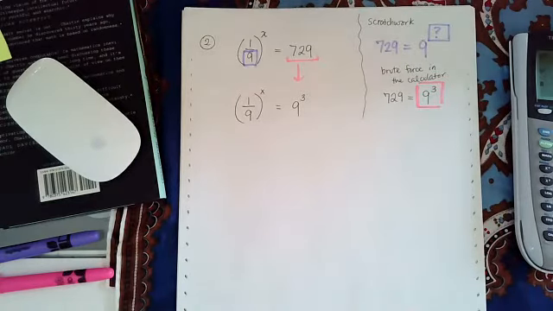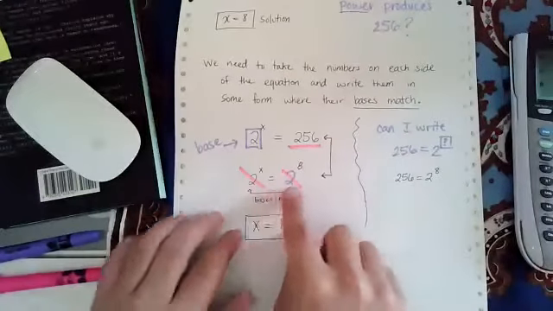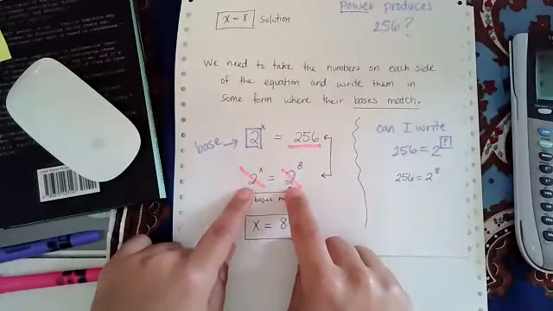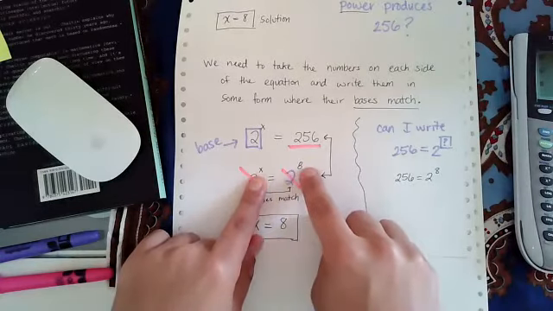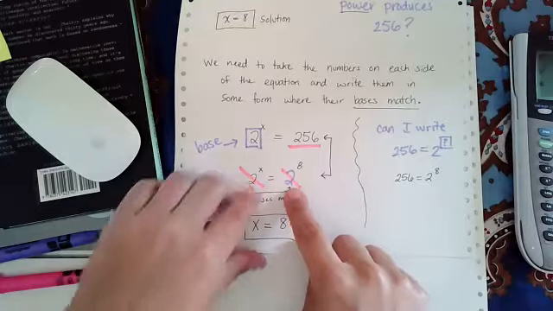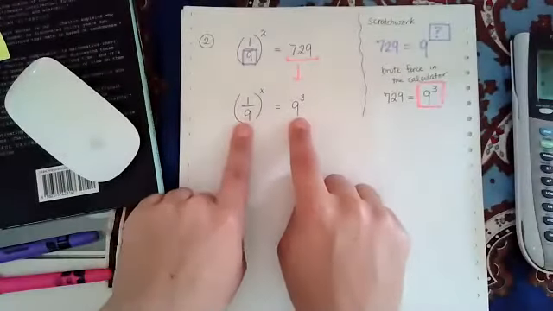Okay. Well, on the last problem that we had, we wanted to match the bases exactly, where we had 2 to the x is equal to 2 to the 8. But the bases matched exactly. On this problem, the bases don't match exactly.